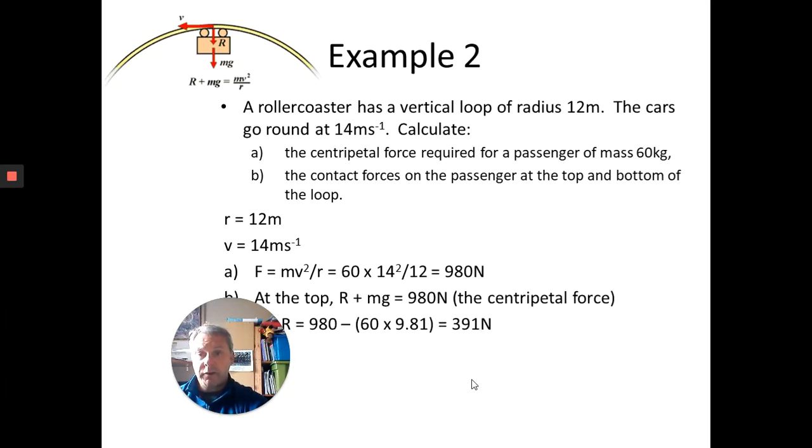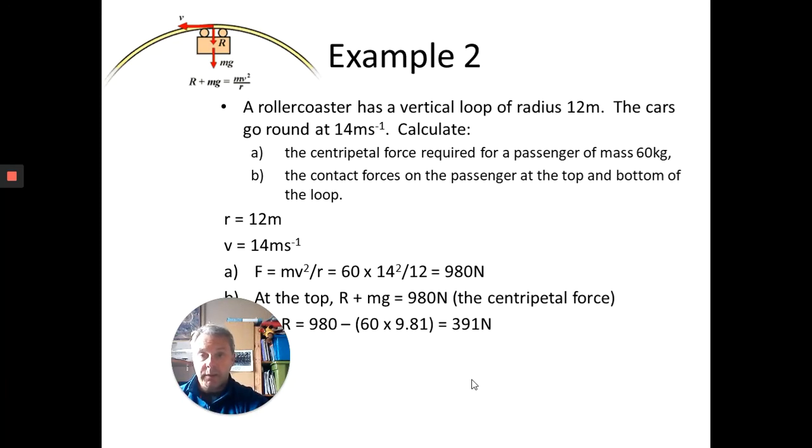Now, if we're looking at the contact force at the top, providing that centripetal force is R plus mg. Now we know that the centripetal force is 980 newtons, so R plus mg must equal 980 newtons. It is the mv squared over r part of the formula showed at the top.